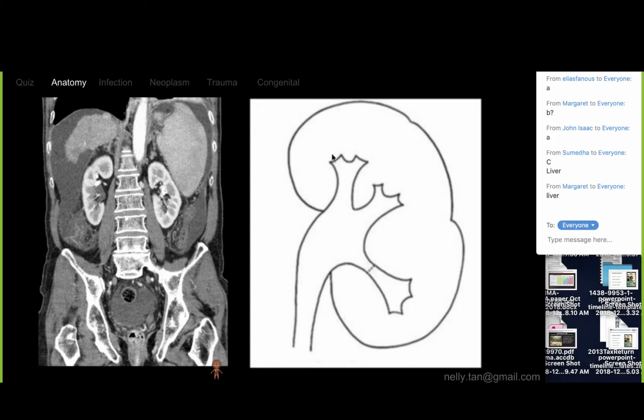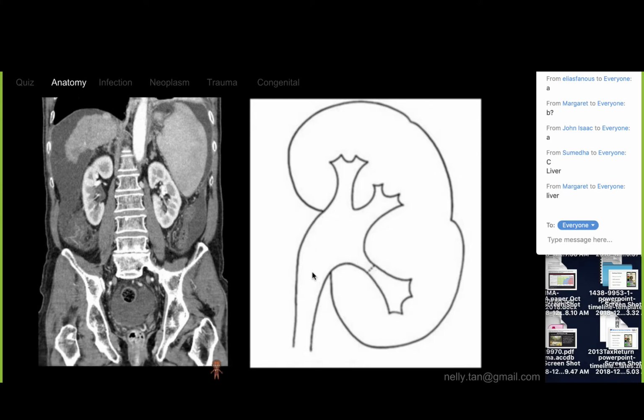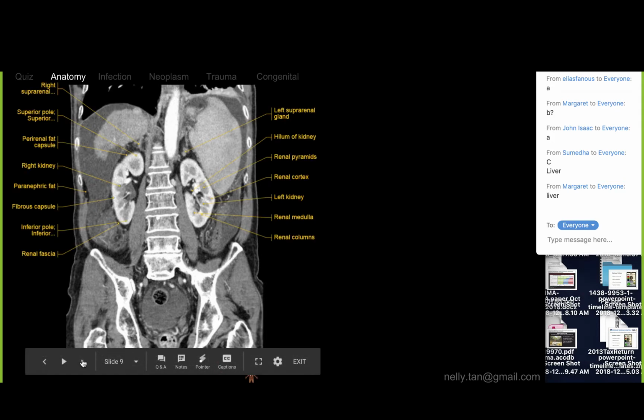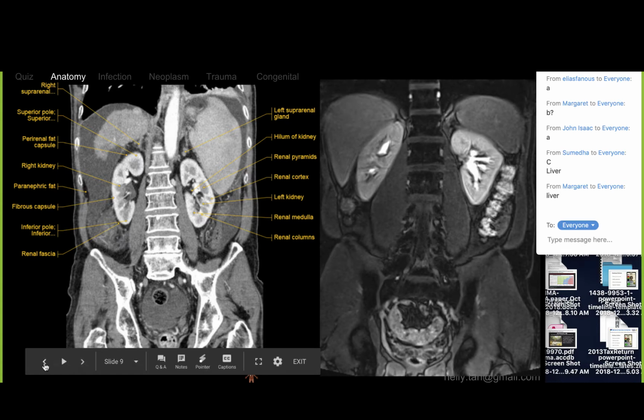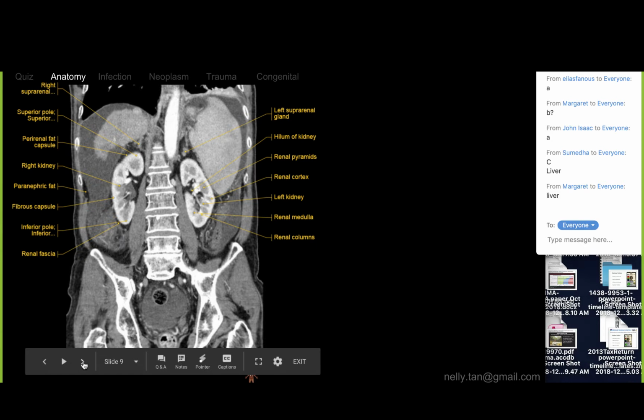So we have about 6 to 9 calyces per kidney. And then the calyces go through the infundibulum, which is this channel, and into the pelvis, and then down the ureter. The quiz question was, so that part of the kidney is the fornix, and that goes into the calyx, which goes into the infundibulum, and then the renal pelvis, which is the main area.